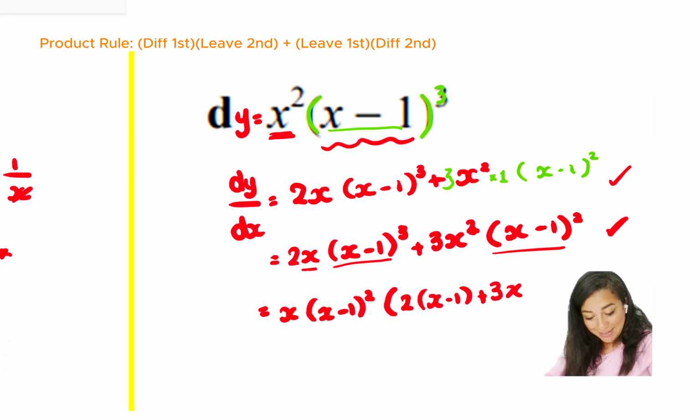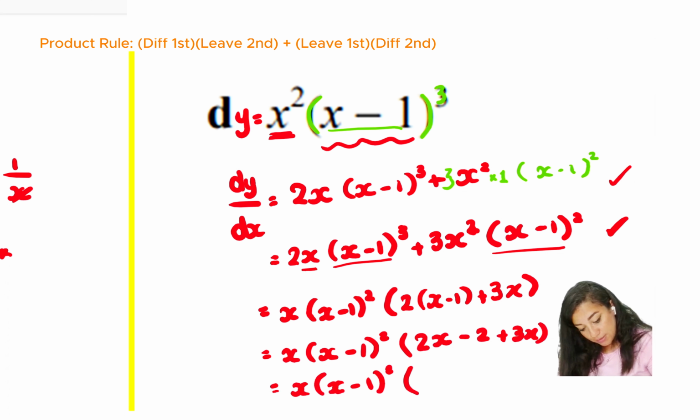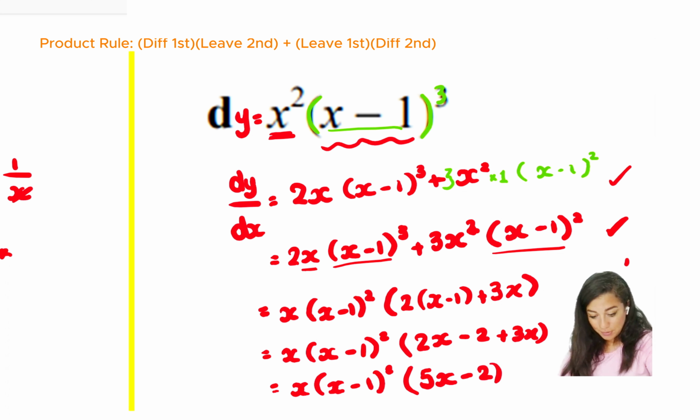Okay, clean it up a little bit more. So I've got x times x minus 1 all squared, brackets 2x minus 2 plus 3x. And then I get x brackets x minus 1 all squared. And I get 5x minus 2.